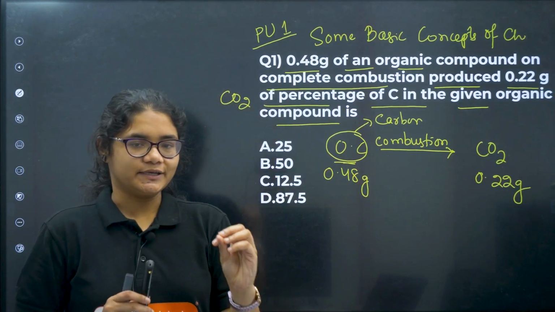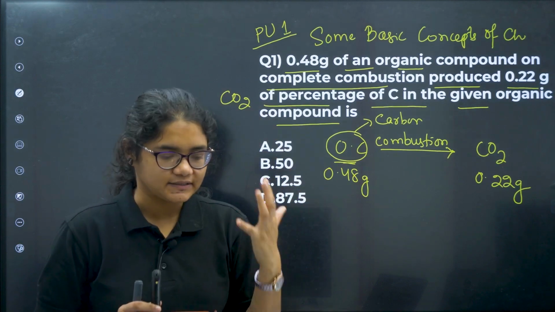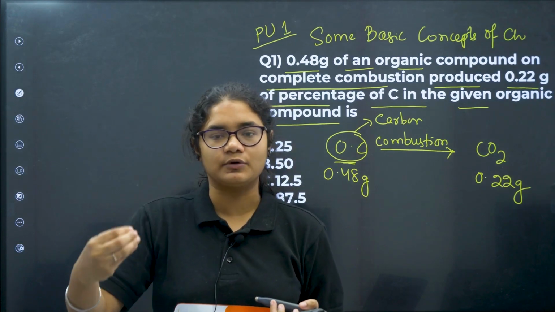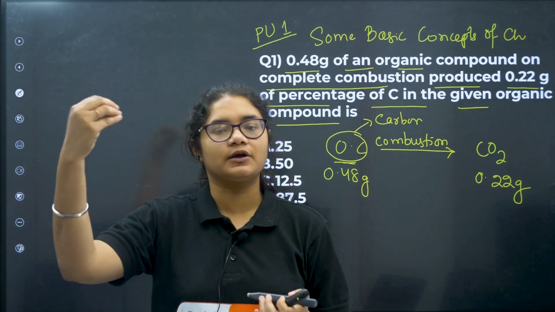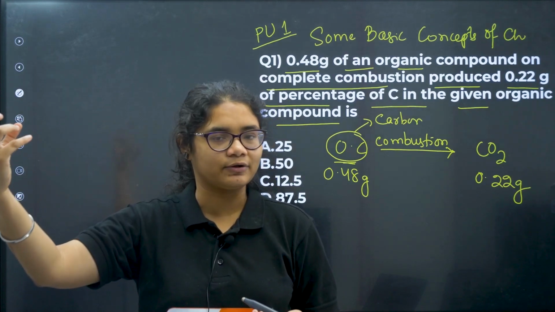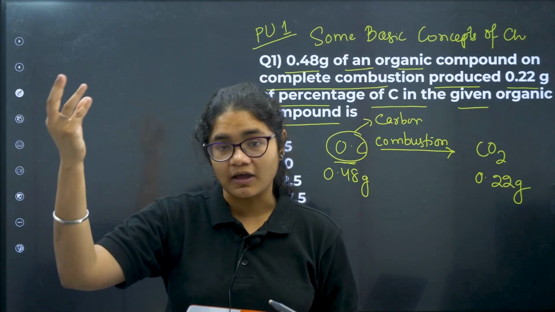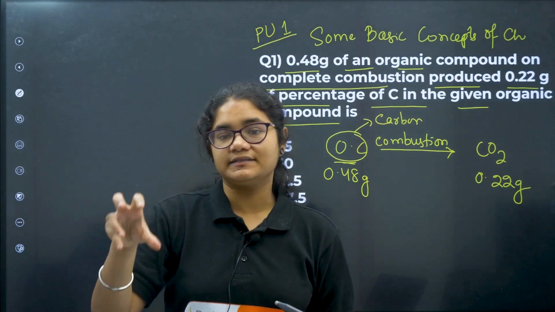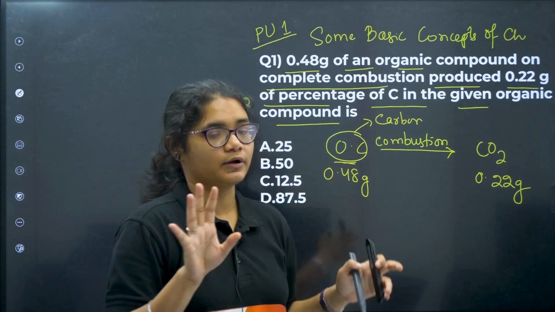I hope this question is clear. You have an organic compound, you allow it to undergo combustion, it produces carbon dioxide, and you know how much carbon dioxide is produced. The question asks, what is the percentage of carbon in the given organic compound?